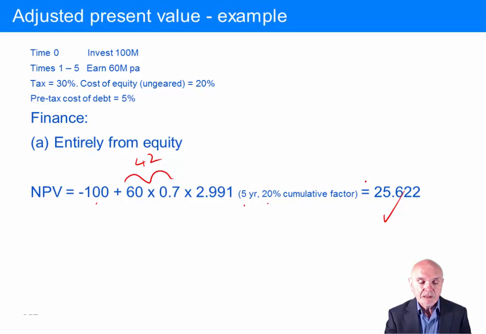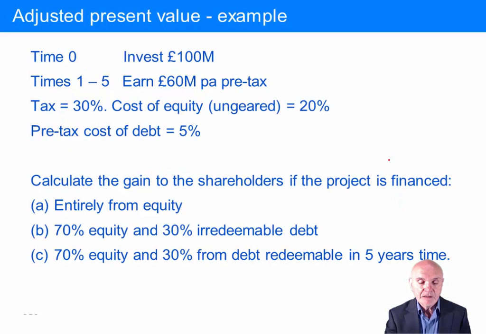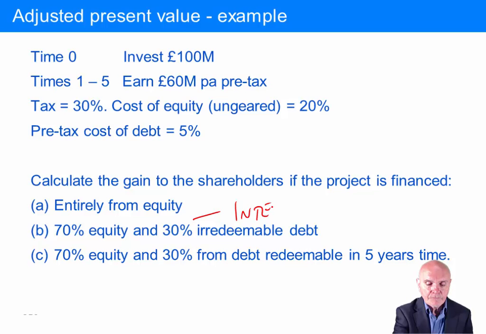Now what happens if we go back a slide here, we have 70% equity and 30% debt. And the cause of the problem really is that this 30% irredeemable debt, the interest on this gets tax relief.